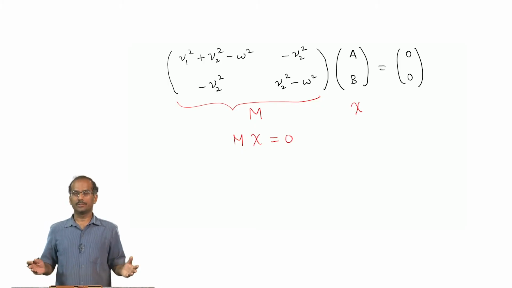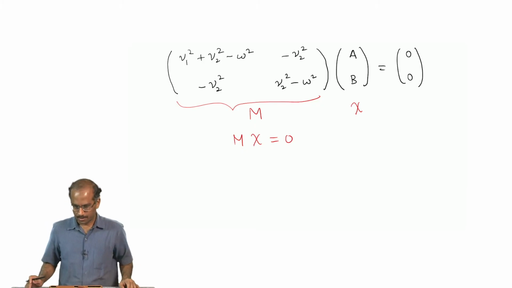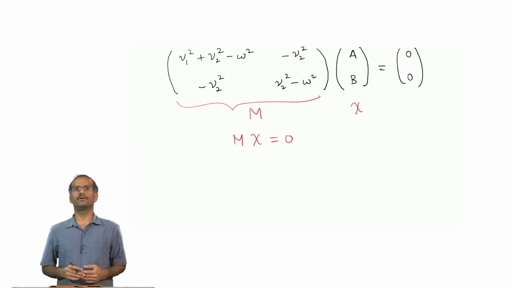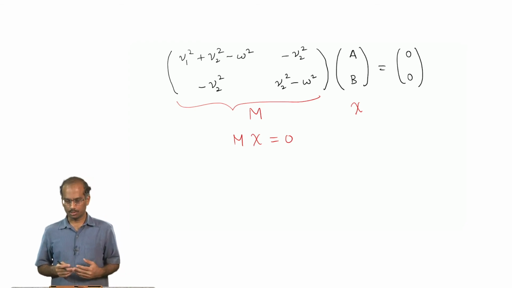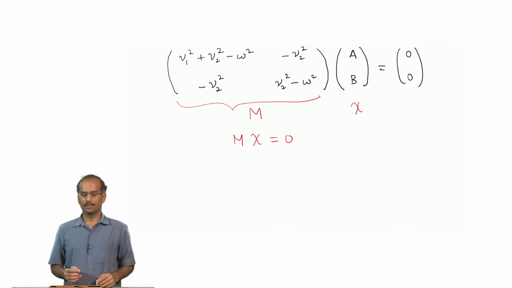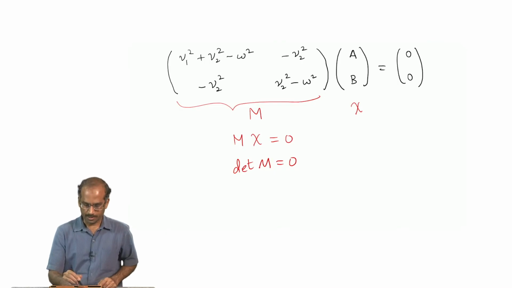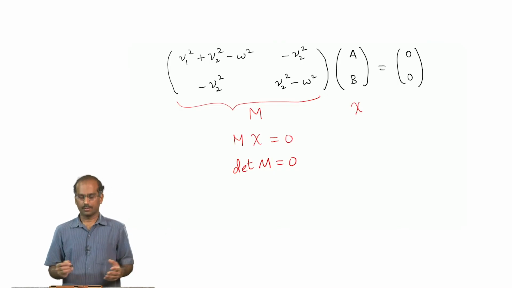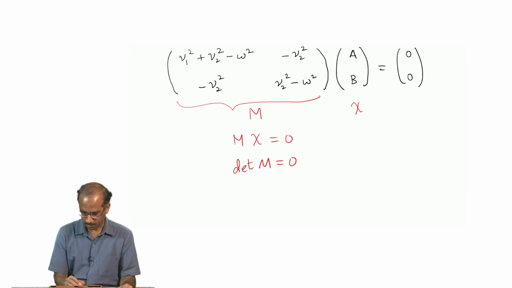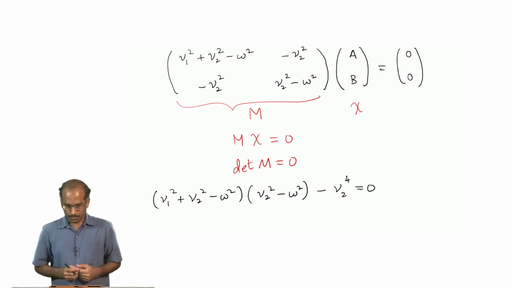They should not be 0 in general. The condition for A and B not to be 0 in general is that the determinant of M should be equal to 0, and the determinant of M can be easily calculated. Now, I need to solve this.